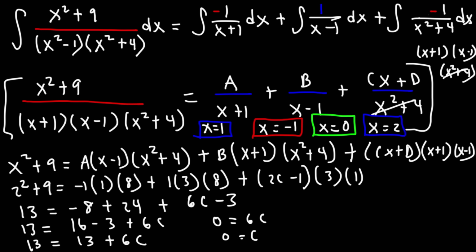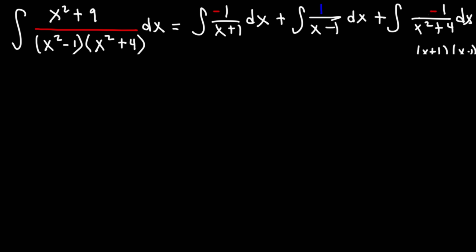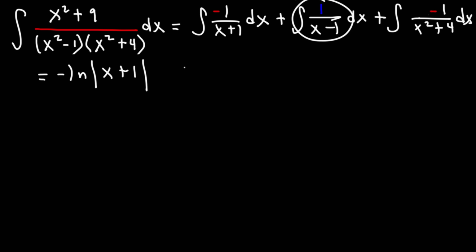So now that we have the values of a, b, c, and d, we can go ahead and determine the integral for this original expression. So the integral of -1 over x plus 1, that's going to be negative ln absolute value x plus 1. And this is going to be plus the natural log absolute value x minus 1.